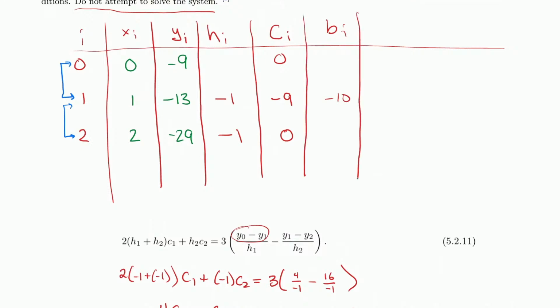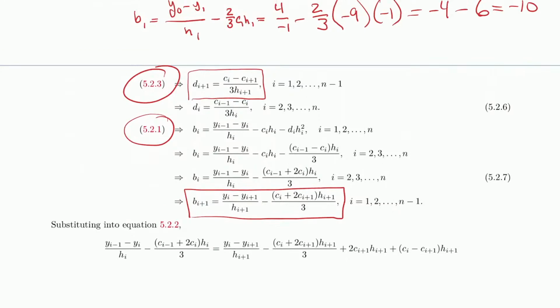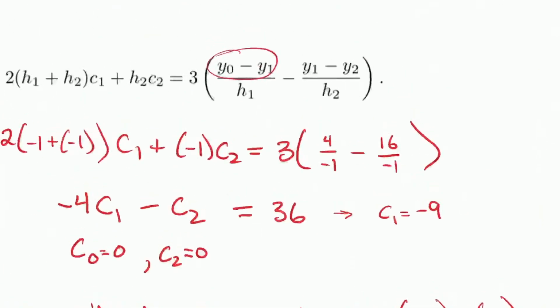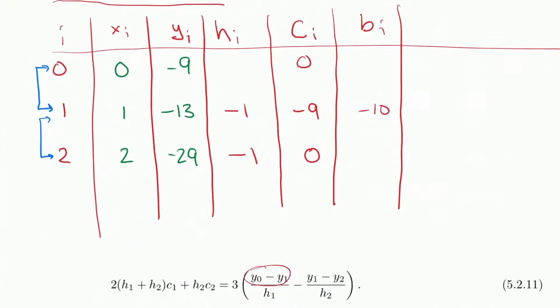And now I just need D1. And then I can write down at least one of the polynomials. Still don't know how I'm supposed to get the second one, but got one of them at least. So the D's, where's the D's? The D's were simple, weren't they? Yeah, they're right here. It's just the difference in the C's over the H's, so it's another divided difference. 1/3 of the divided difference with the C's and the H's.